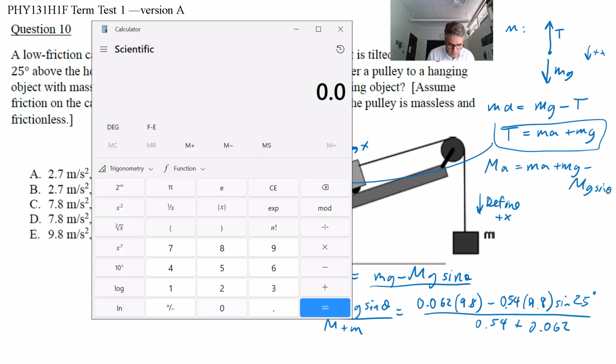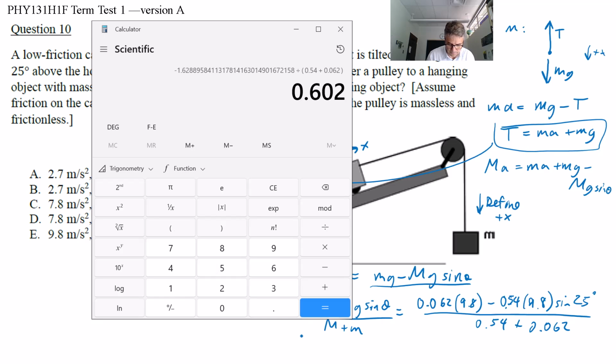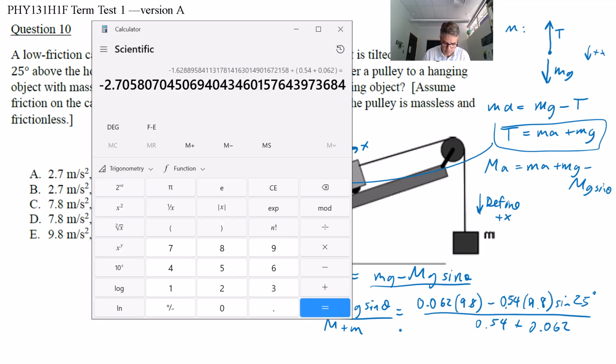So 0.062 times 9.8 minus, open parentheses, 0.54 times 9.8 times 25 sine, close, and then divided by, open parentheses, 0.54 plus 0.062. So I get negative 2.7.